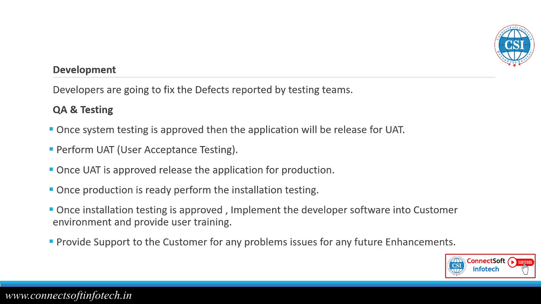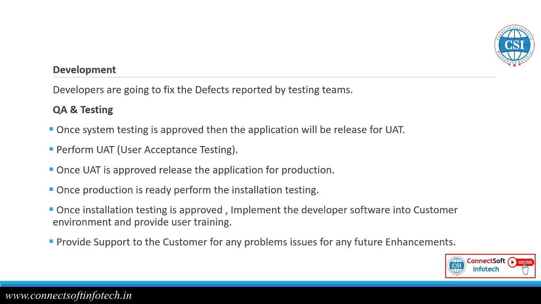Okay, so this is one small process of how a project comes to the IT industry, the software industry: how to assign the project, how to assign the project manager. After assigning the project manager, he is ready to create the project management plan. After creation of the plan, the FRS, BRS and SRS are ready.